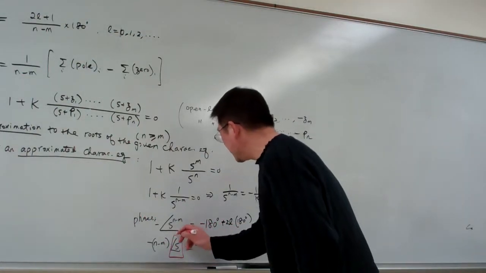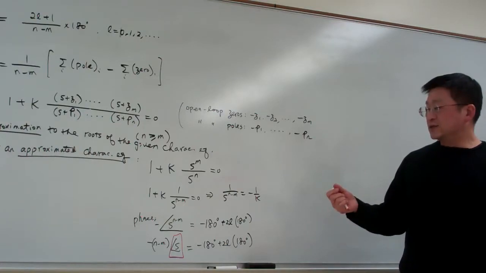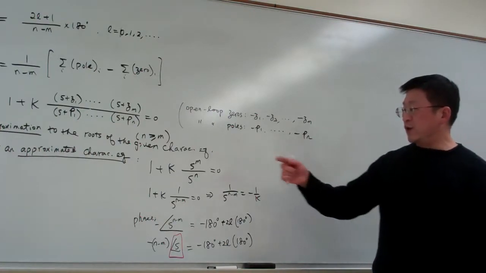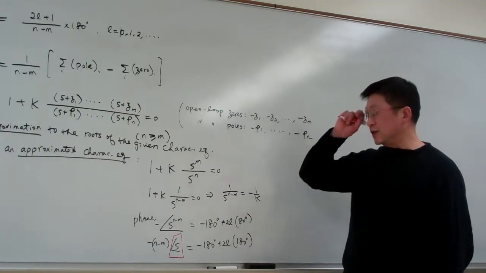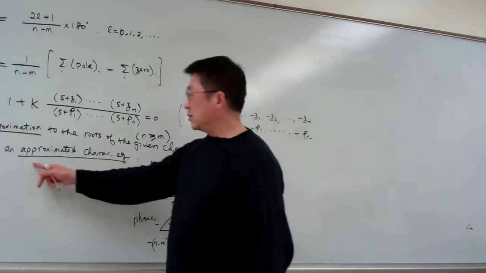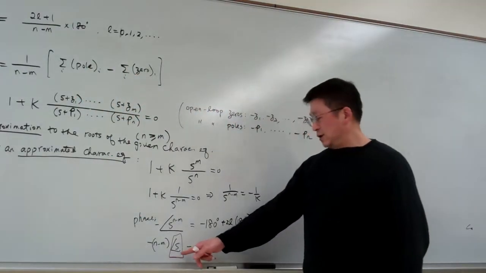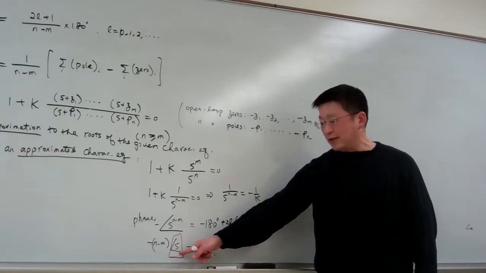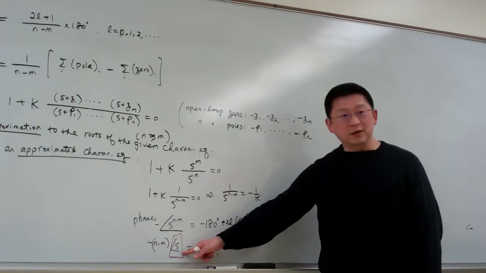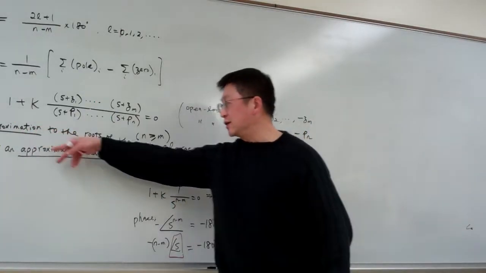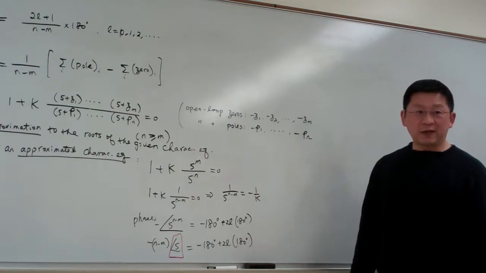This represents the orientation of s for the approximated characteristic equation. And this approximated characteristic equation is the approximation as the asymptotes. So this represents the phase angle of the asymptotes.